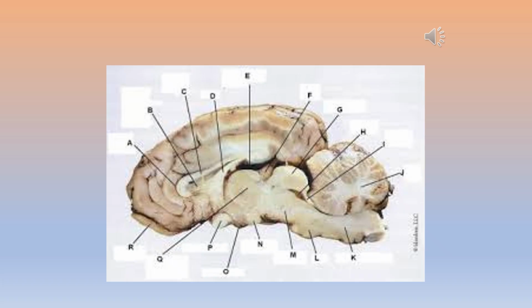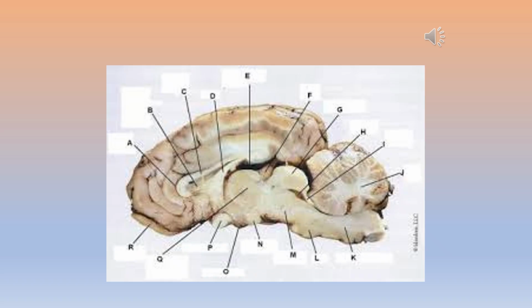Letter J, that is the white matter of the cerebellum, which we call the arbor vitae, tree of life. Going down to K, that is the medulla oblongata.